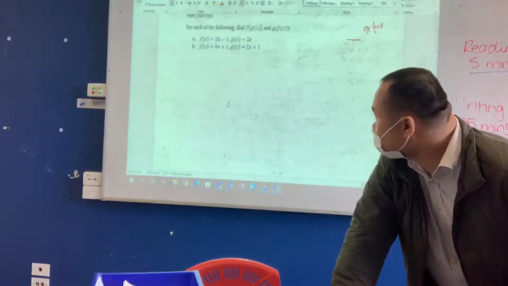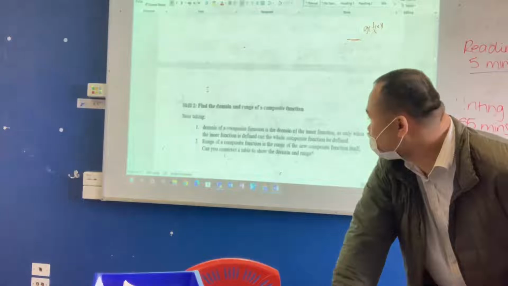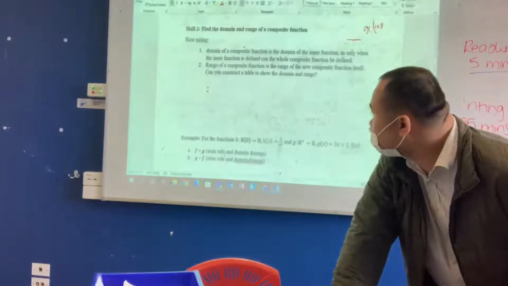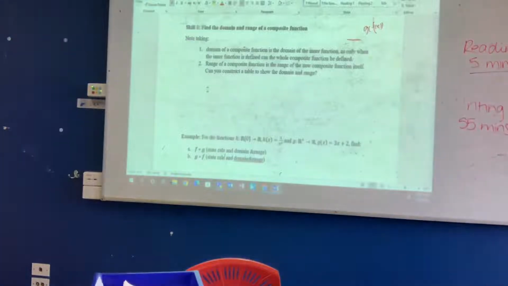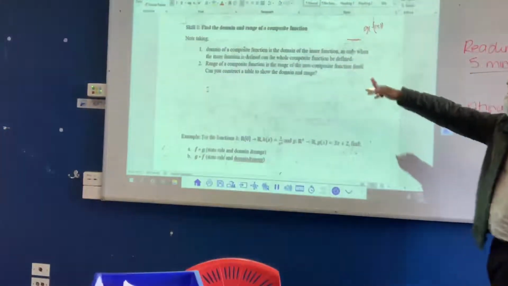We will do the now-you-try question after I go through the 3 examples. Okay, skill 2, we are going to find the domain and the range of a composite function. I already put this down in the booklet, so I already took the notes for you.